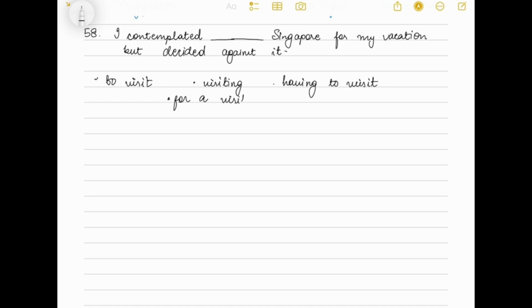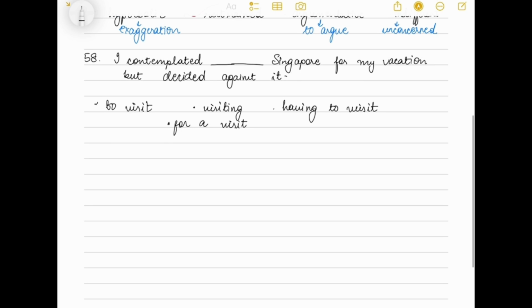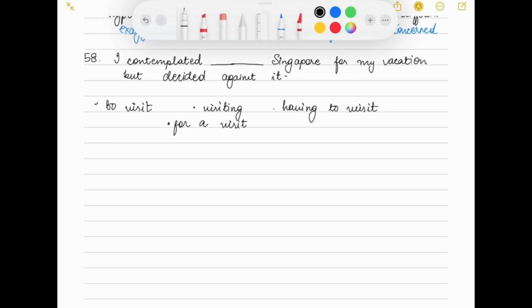If you see in this sentence, we are making a decision: this was a decision that someone was making to travel in the future, but they are talking about it in the past. So the tense used, the word will be visiting.